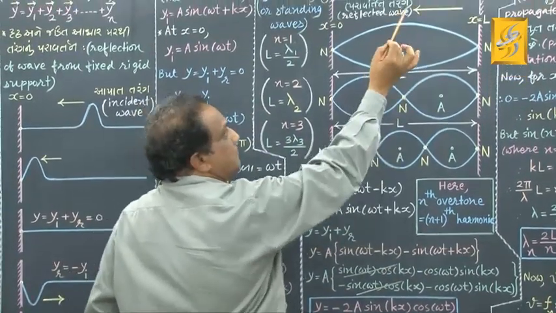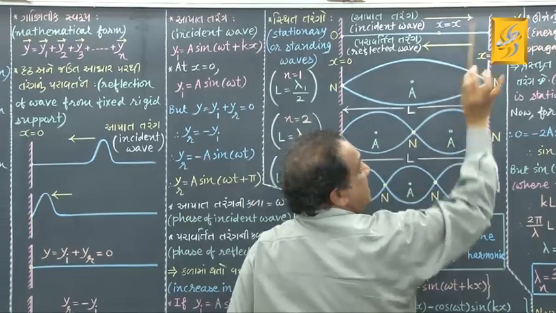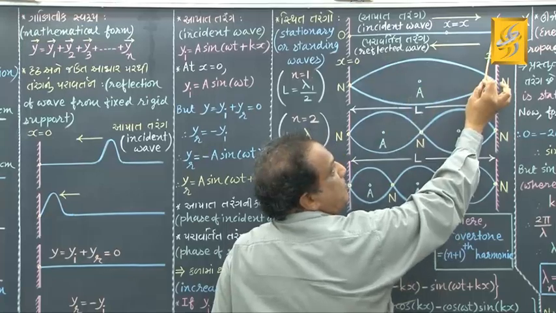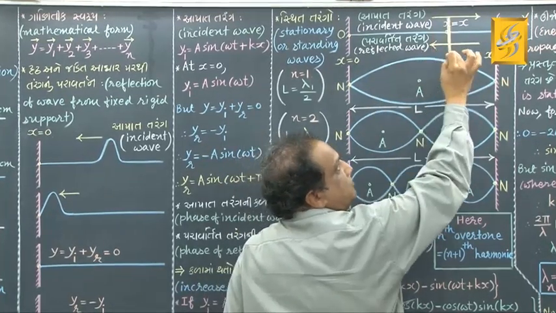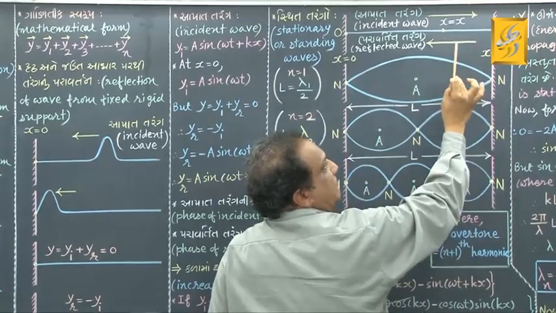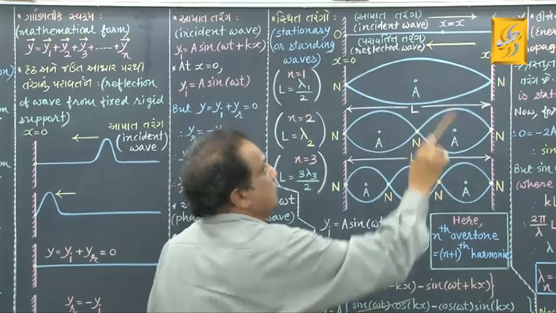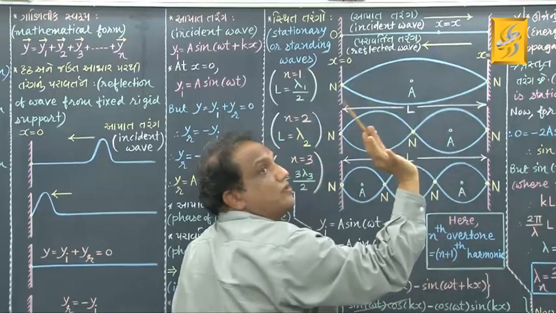So now you just consider the wave propagating towards the right hand side as the incident wave, then the reflected wave will be propagating towards the left hand side. If the incident wave is propagating along positive x-axis, then the reflected wave will propagate along negative x-axis. Correct? This is positive x-axis, the opposite direction is negative x-axis.